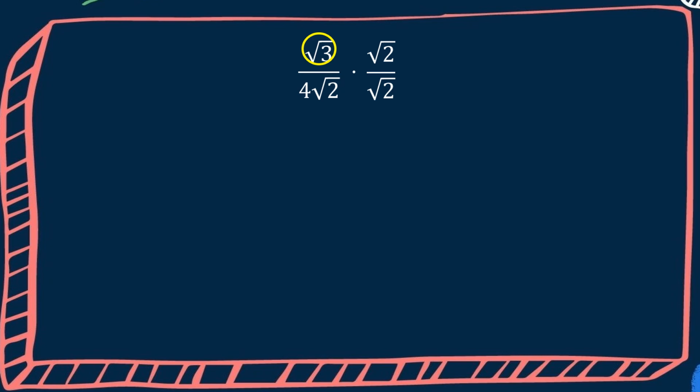Square root of 3 times square root of 2 is equal to square root of 6 over 4 square root of 2 times square root of 2 is equal to 4 square root of 4.